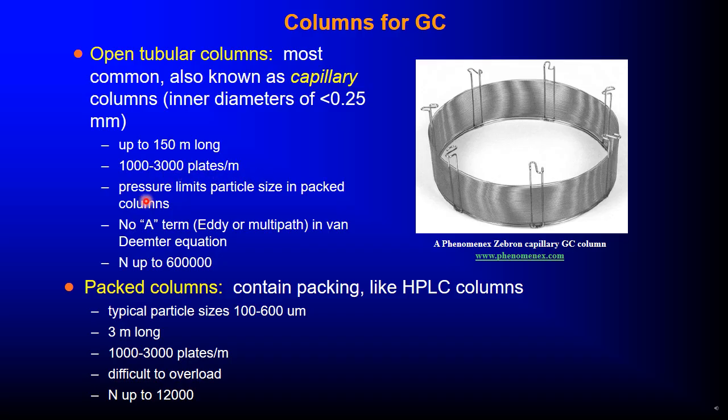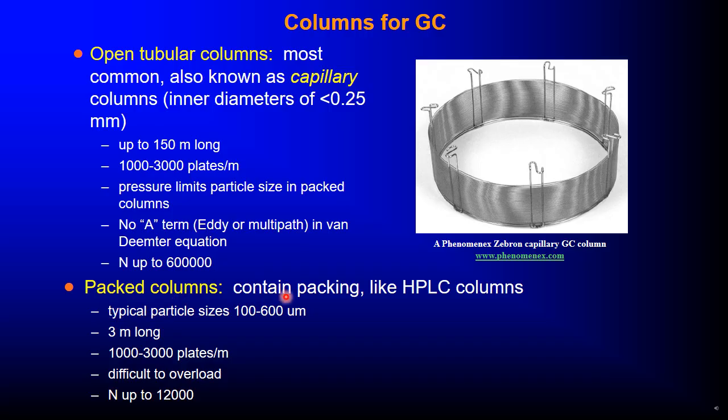Pressure limits particle size in packed columns, so there is no A term, the eddy diffusion or multipath term, in the Van Deemter equation. The number of plates is up to 600,000.